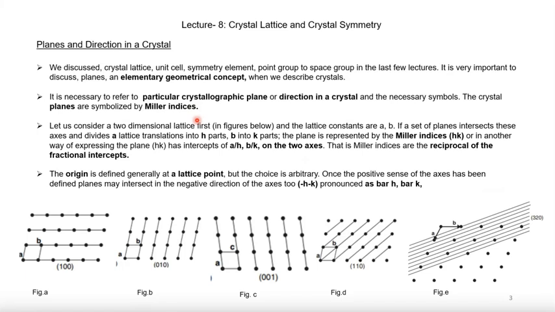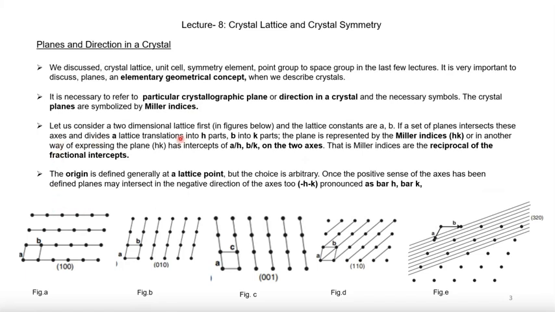Then we have to draw imaginary planes in a unit cell of a crystal. I show here a two-dimensional unit cell first, to find out what we mean by Miller indices in two dimensions.